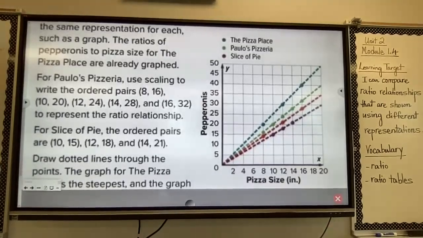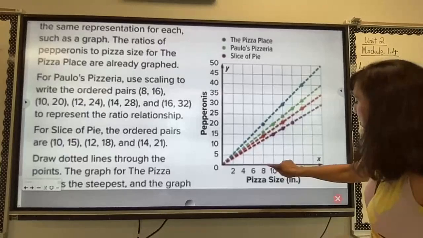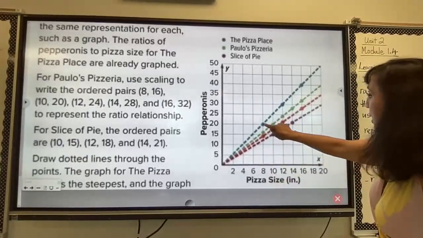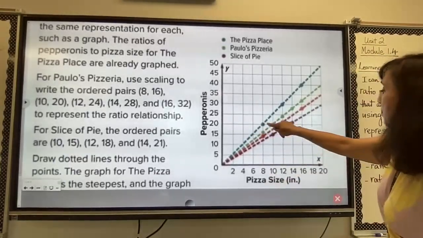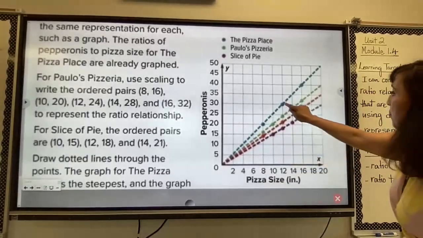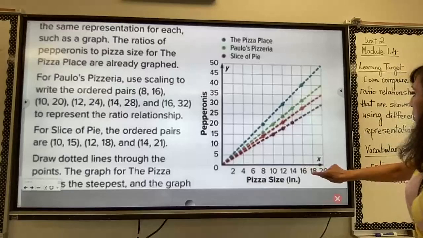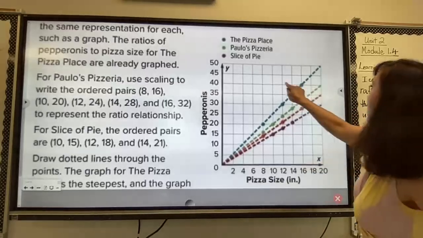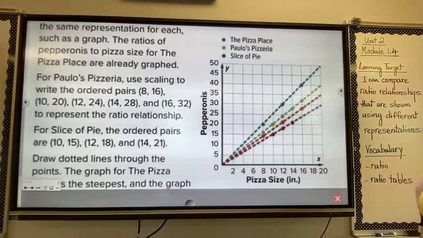So as you can see, that is the graph we had earlier. So 8 inches and 20 pepperoni. For 12, we have 30. For 16, we have 40. So that was the pizza place.